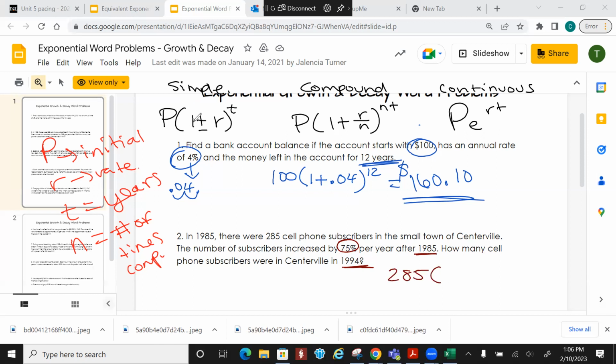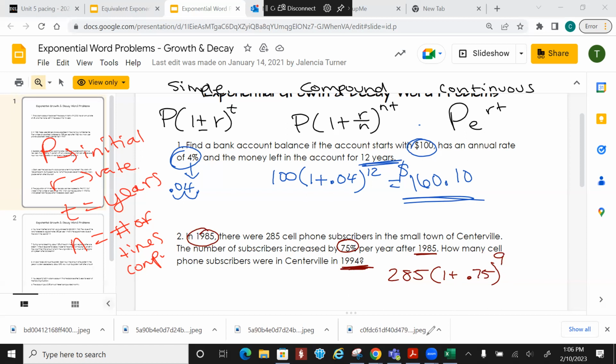Are we increasing? Yes, so we're going to have 1 plus 0.75, because that's our rate, right? Now, how many years are we going to put down? Well, we start in 1985, and we go to 1994, so that's going to be 9 years.